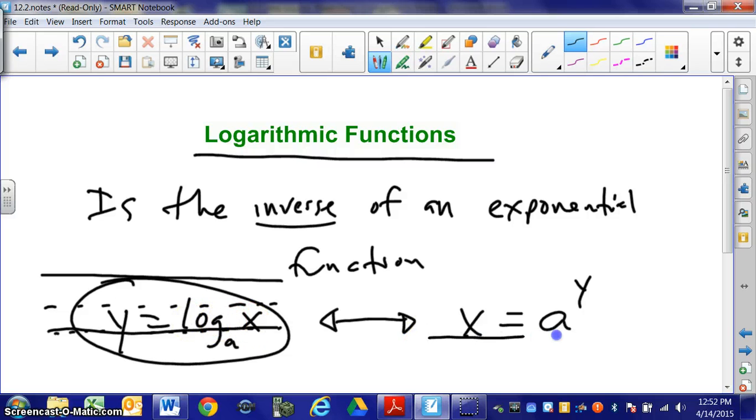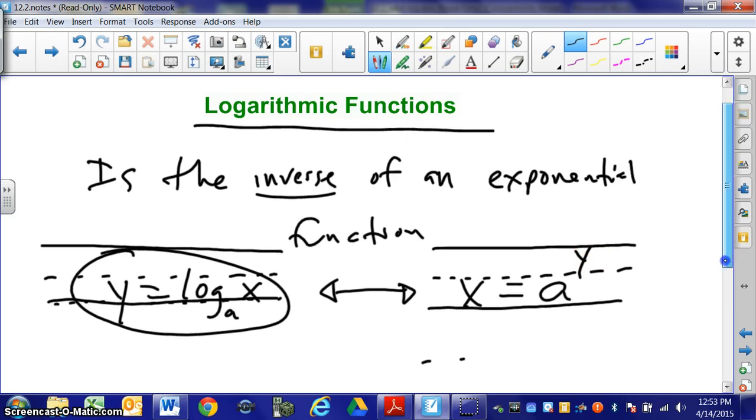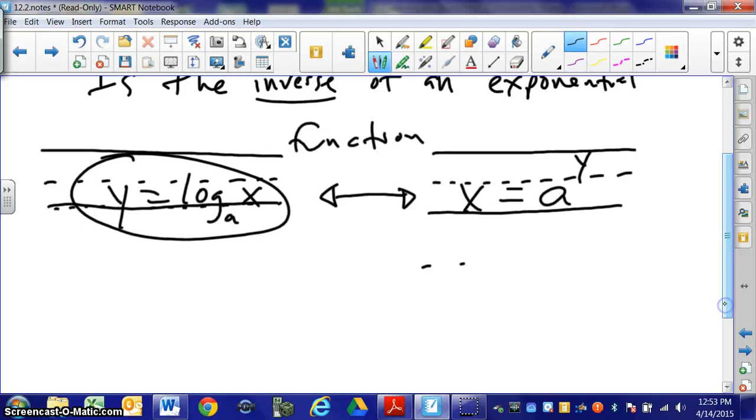If I come over here, notice that the y is an exponent. That's known as a superscript. So in log form, the a is a base, a subscript, and in exponential form, the y is an exponent, a superscript. That's a logarithmic function. We're going to need to get very comfortable with this translation going back and forth. These are equivalent to each other.